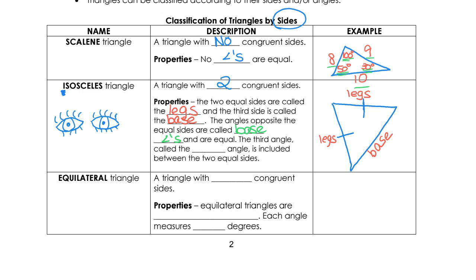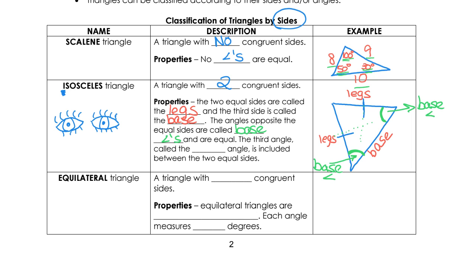And they are equal. So across from one leg, if you kind of go across, you get to this angle. If you go across from the other leg, you get to this angle. And this angle is called the base angle. And so is this one. Notice that the base angles are on the base, or some people will say that they're across from the equal sides or the equal legs.